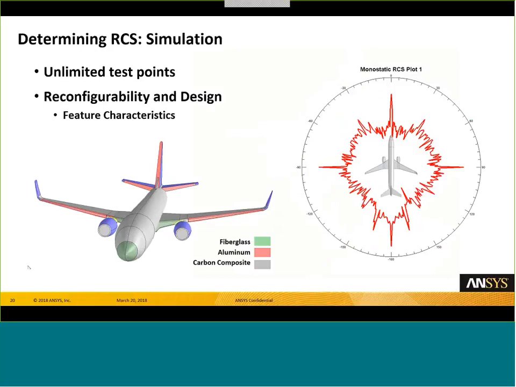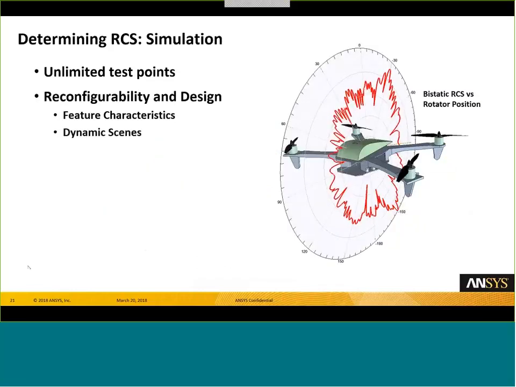You can just as easily set up parametric analyses where you can look at the impact of different material coatings, where some of these materials might be transparent at some frequencies and opaque at others. It's very easy to just reconfigure a simulation model so that sort of behavior can be understood. And then for dynamic scenes, you can really get a feel for the sensitivities involving these complex scenarios that would be extremely costly to conduct on a pure test basis.